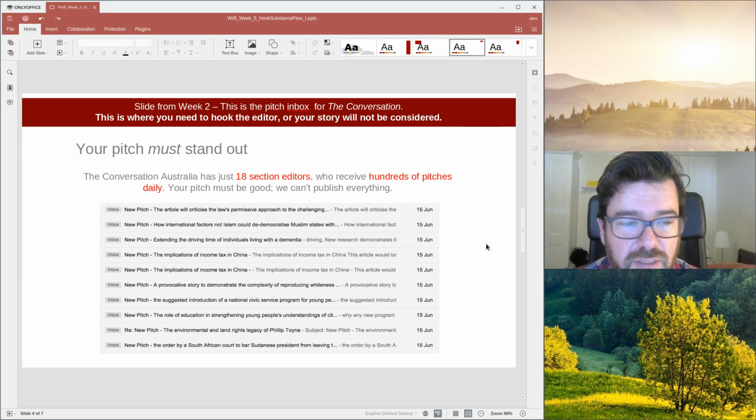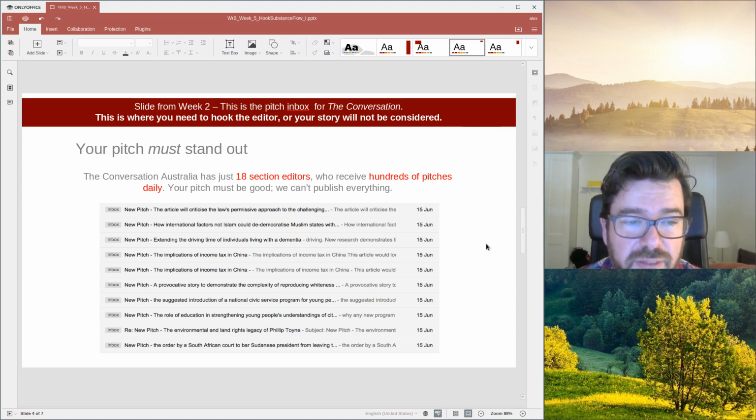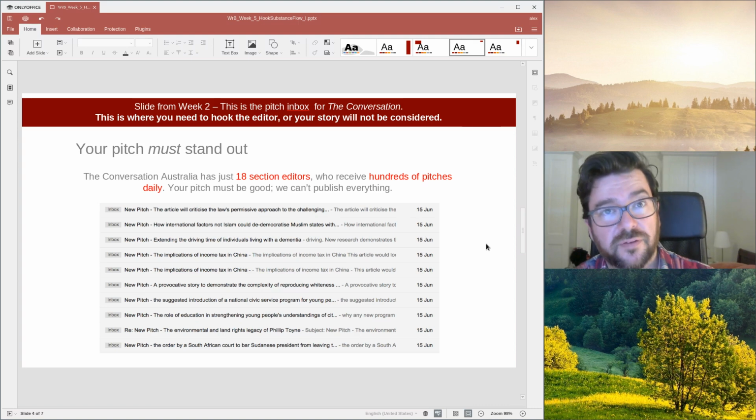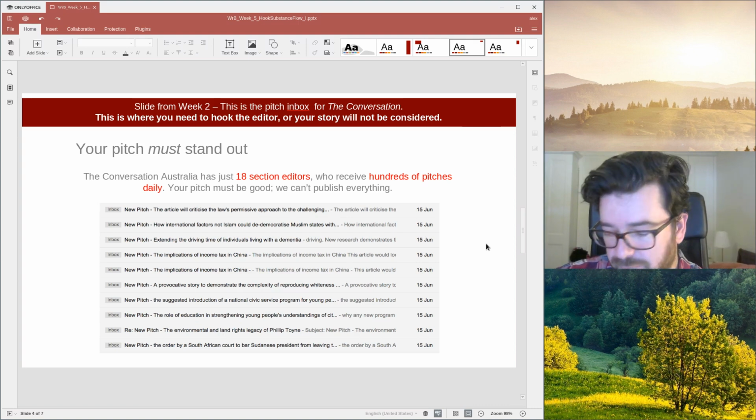So you can see that the first words after new pitch are basically the beginning of a sentence explaining the article. And that's how we've set up the form that we get you to fill out for the expression of interest, is that the first thing that we'll see is essentially a one-sentence version in which you explain the take-home message.